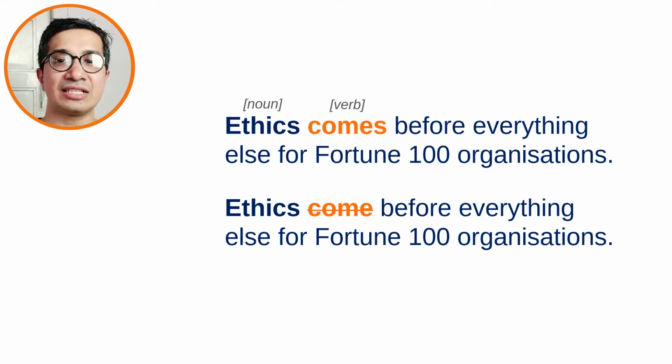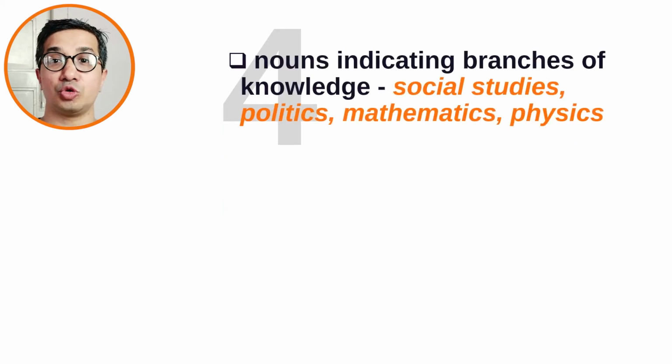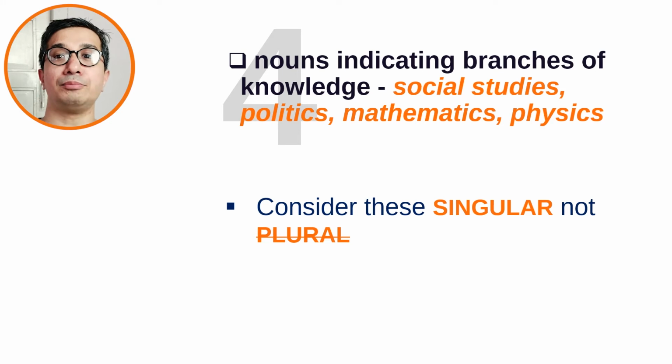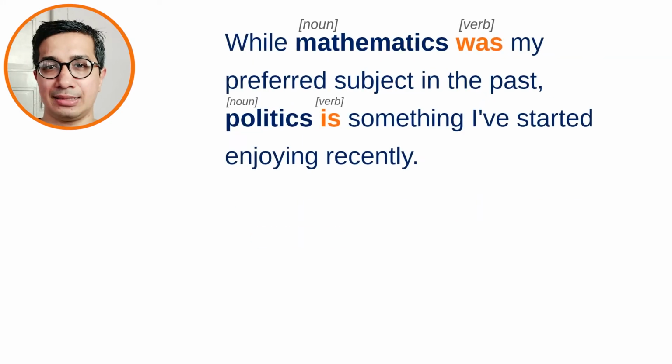The same is the case for nouns indicating branches of knowledge such as social studies, politics, mathematics and physics. We always consider these as singular, not plural forms. Even though they look like plurals because they end with S, they are to be considered singular every single time. Example, while mathematics was my preferred subject in the past, politics is something I have started enjoying recently.